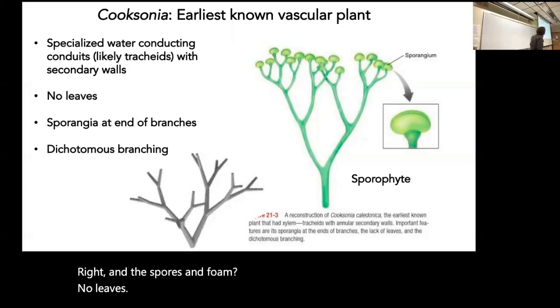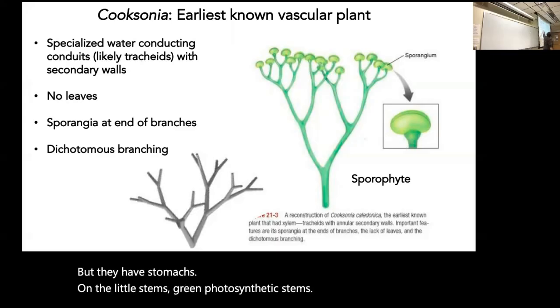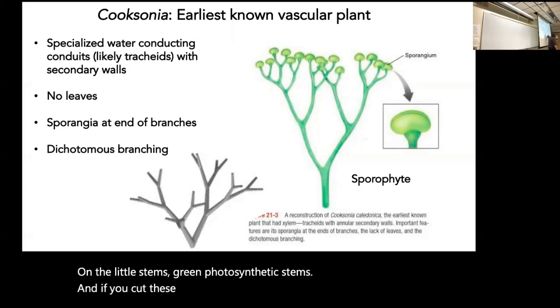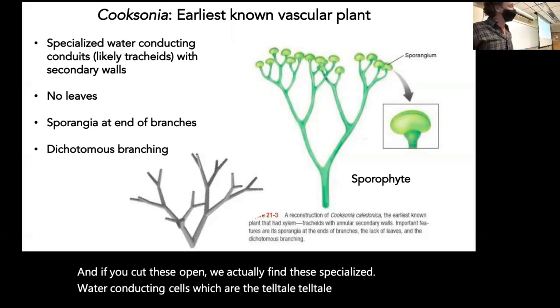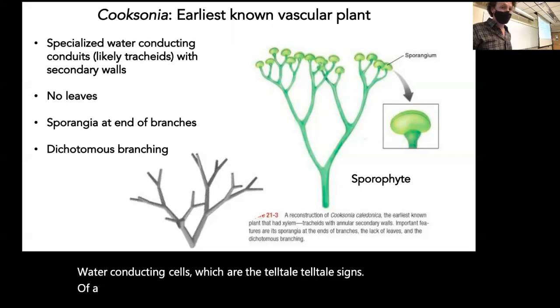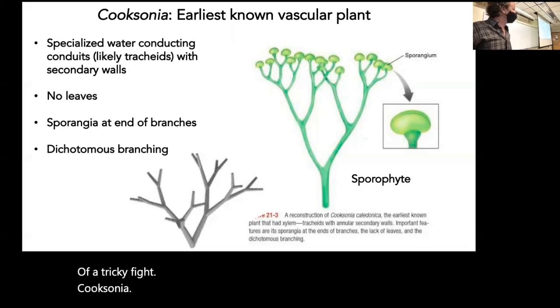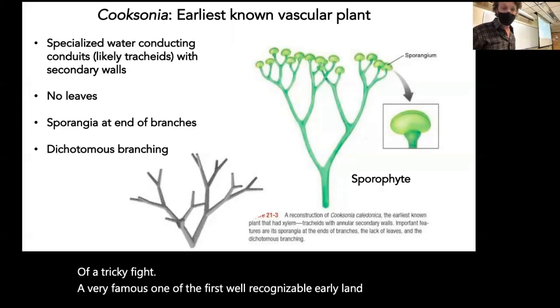But they have stomates on the little stems, green photosynthetic stems. And if you cut these open, you actually find these specialized water conducting cells, which are the telltale signs of a tracheophyte. Cooksonia, one of the first well-recognizable early land plants, a tracheophyte.